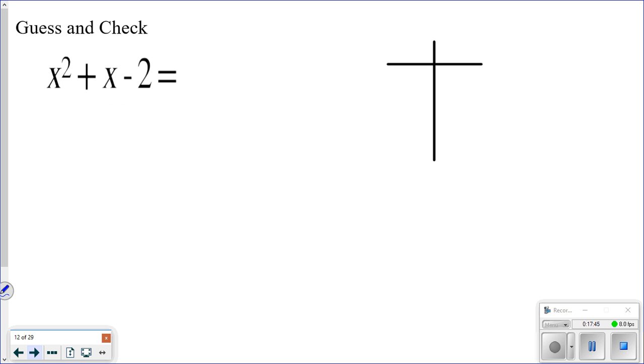And let's do another one. Multiply to get negative 2, add to get 1.